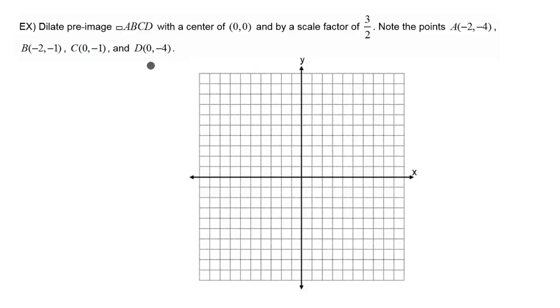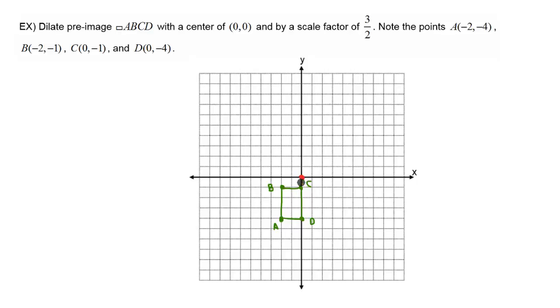This next example has us with a pre-image of rectangle ABCD, and we want to dilate with a scale factor of 3 over 2. So we don't have our points graphed, so I'm going to go ahead and do that right now. So there's my rectangle ABCD, and the next thing I'm going to do is put down my center, which was 0, 0.